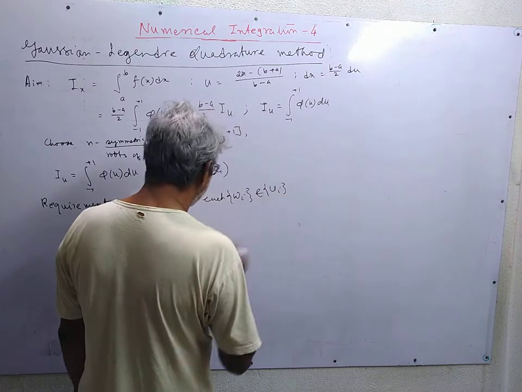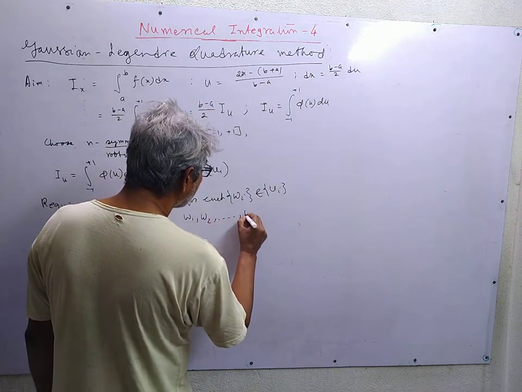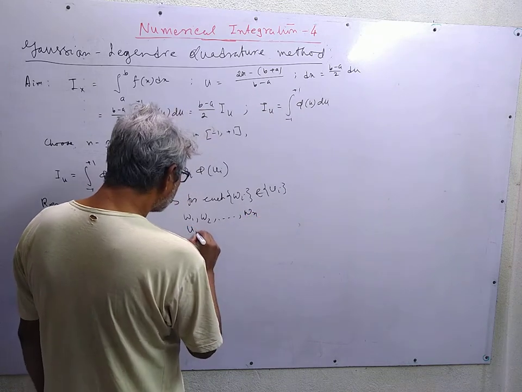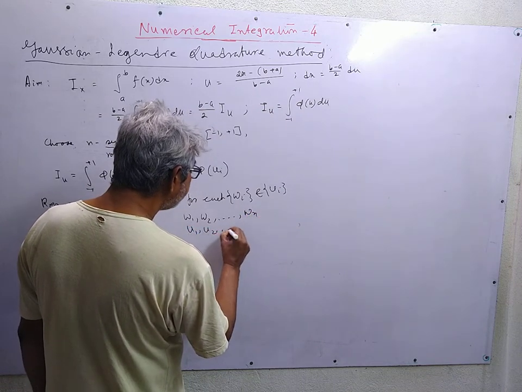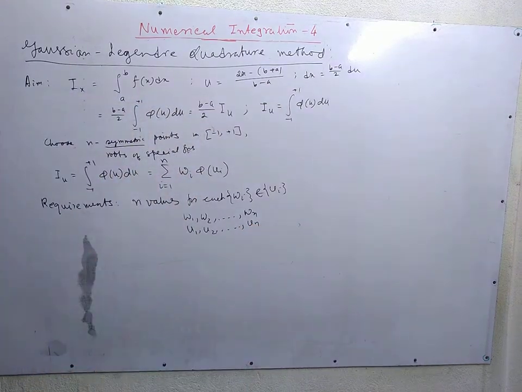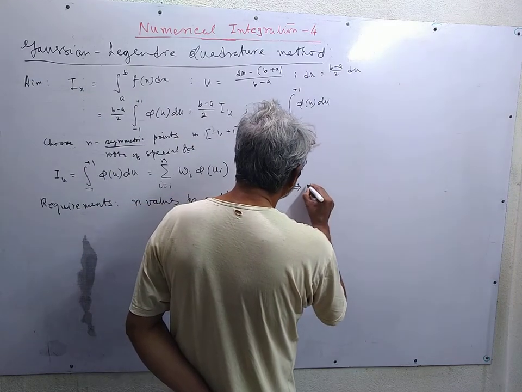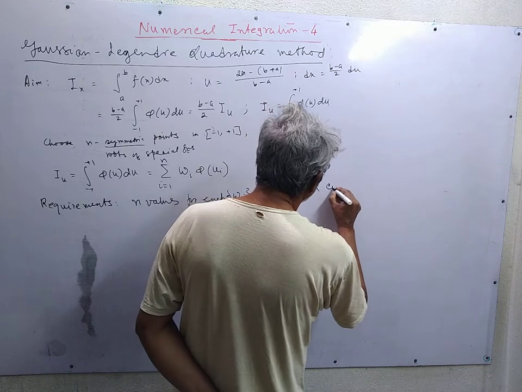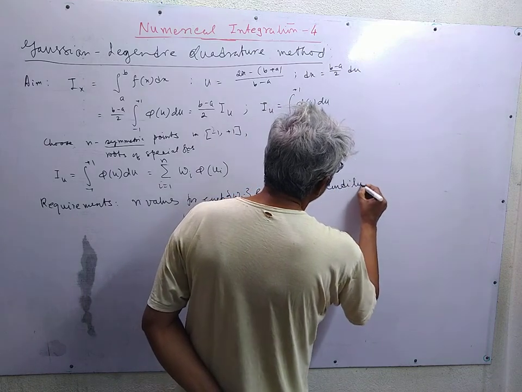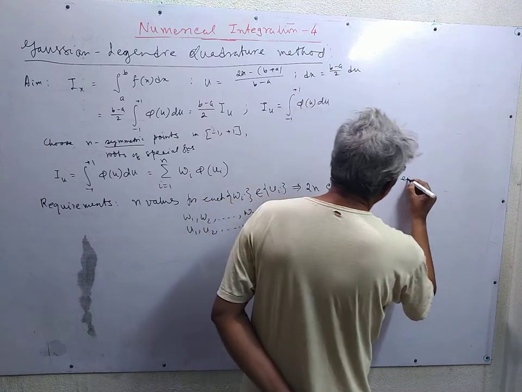That is to say, we need the values w1, w2, or weight factors, up to wn, and corresponding u1, u2, up to un. So we are to know 2n quantities. So 2n conditions are required.